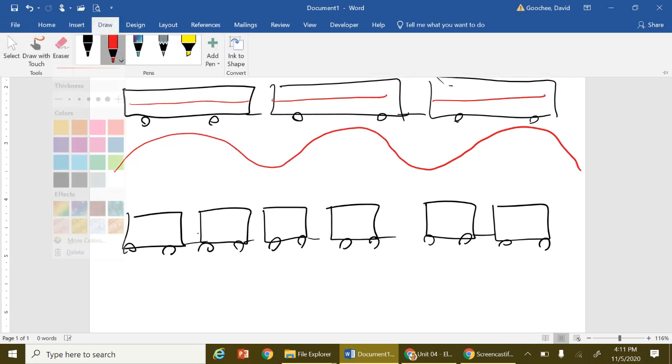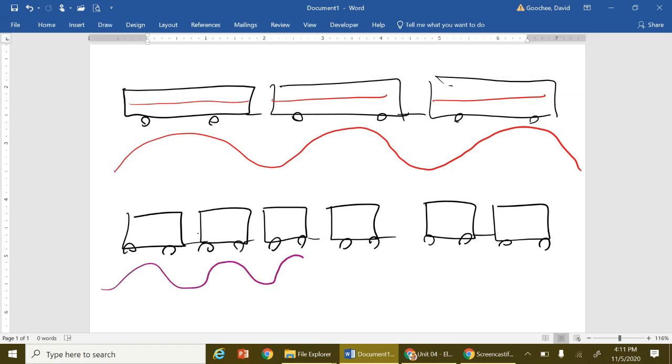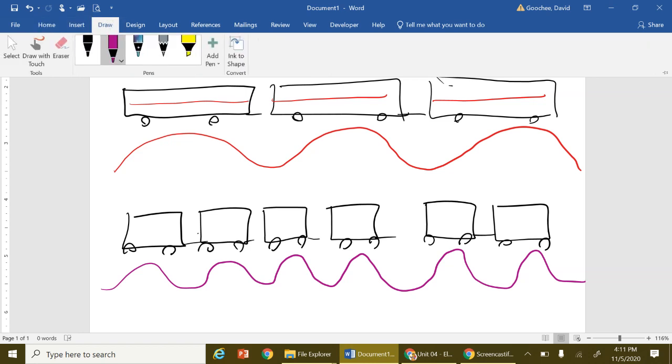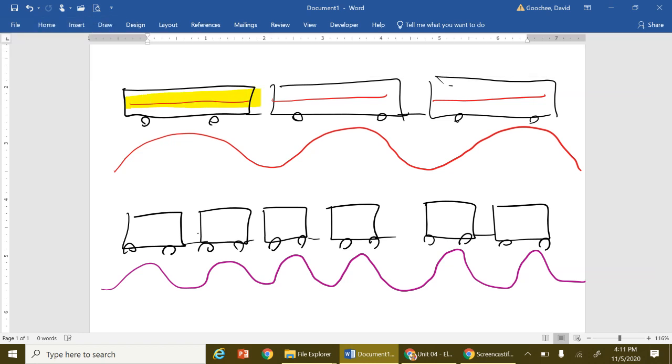On the other hand, if a train comes by with shorter cars, each individual train car is shorter, but as a result, you're going to see more of them go by you every second. Now, the fascinating thing about this is if you take the length of the train and multiply it by the number of train cars that you see go past you every second, you're going to get the speed of that train.